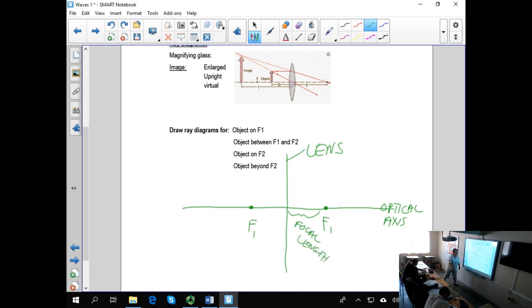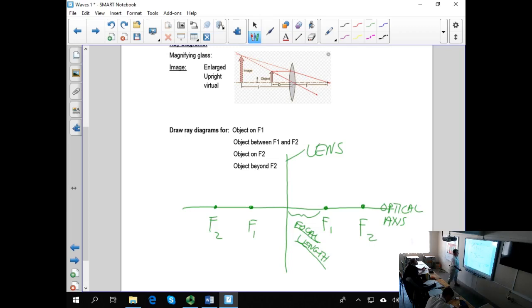All right, and now we need to mark another point known as F2, and F2 is going to be exactly twice the focal length. Now, when we use a convex lens as a magnifier, we hold the lens close to the object we want to have a look at.